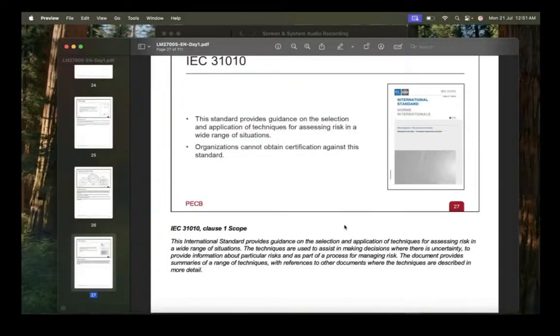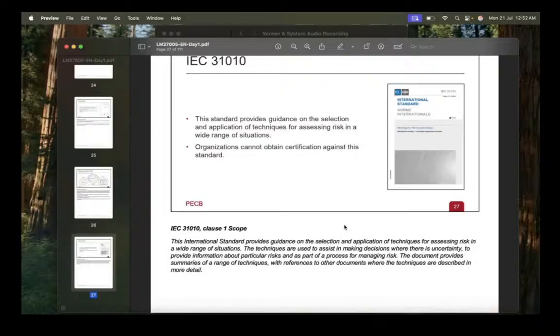Okay, so we have discussed the standards and regulatory frameworks. We've discussed the family of standards: 27000, 27001, 27005. And then we've discussed 31000, and then we have finally discussed the IEC 31010. And this is all related to the international standards, and these all focus on the risk management part of it.